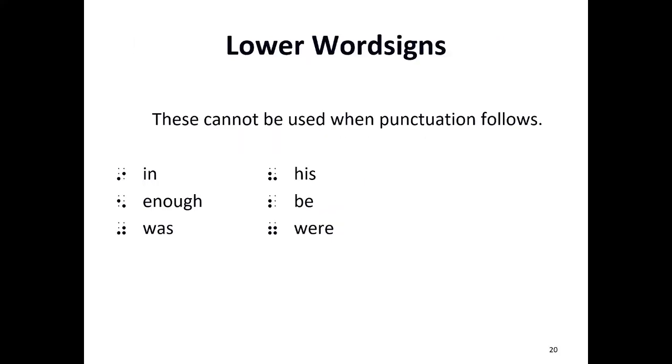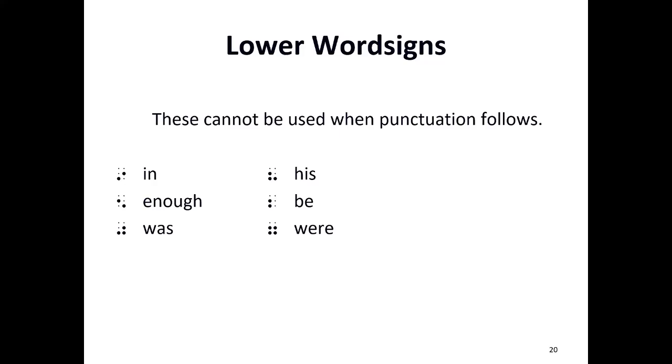And then there are lower word signs. These are called lower word signs because they use the lower part of the Braille cell, not the upper 2 dots, and they stand for entire words. So the technical term for these is lower word signs, but you don't have to remember that. These can't be used when punctuation comes after them because punctuation is also in the lower part of the cell.